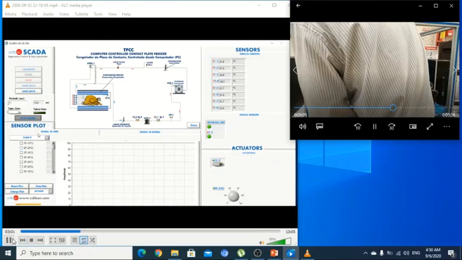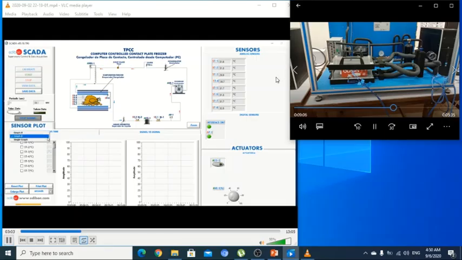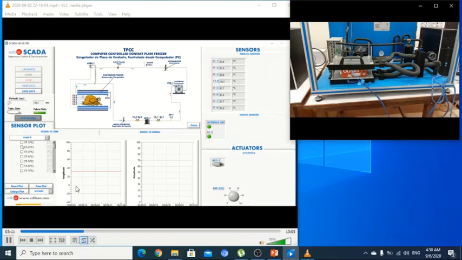Now you can see I have placed this milk in between. Now I am selecting the temperatures T1 and T2 on graph 1. On the other hand, T3, T4 and all other temperature transmitters that are attached, I place in graph 2.